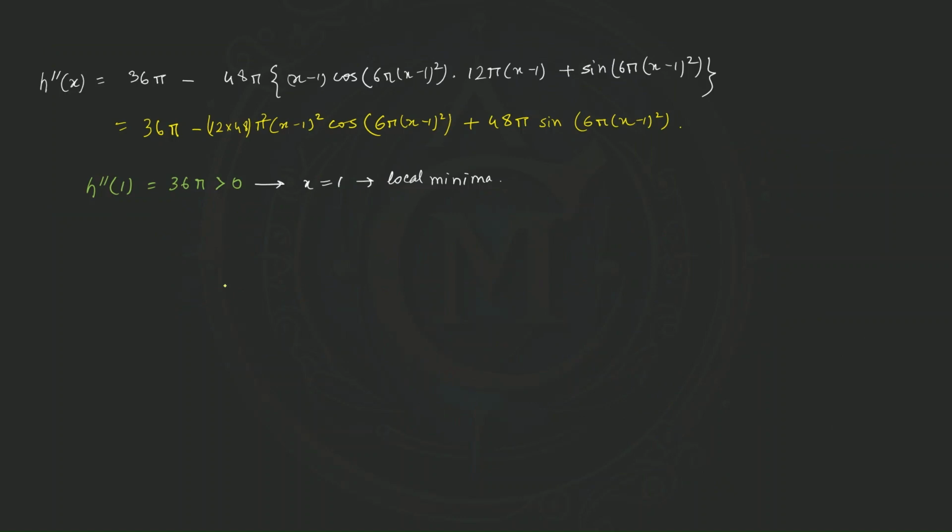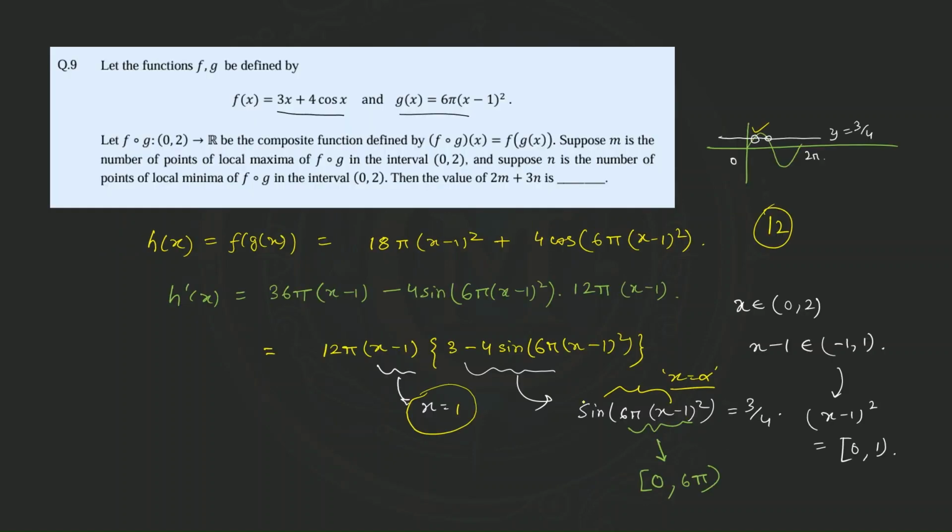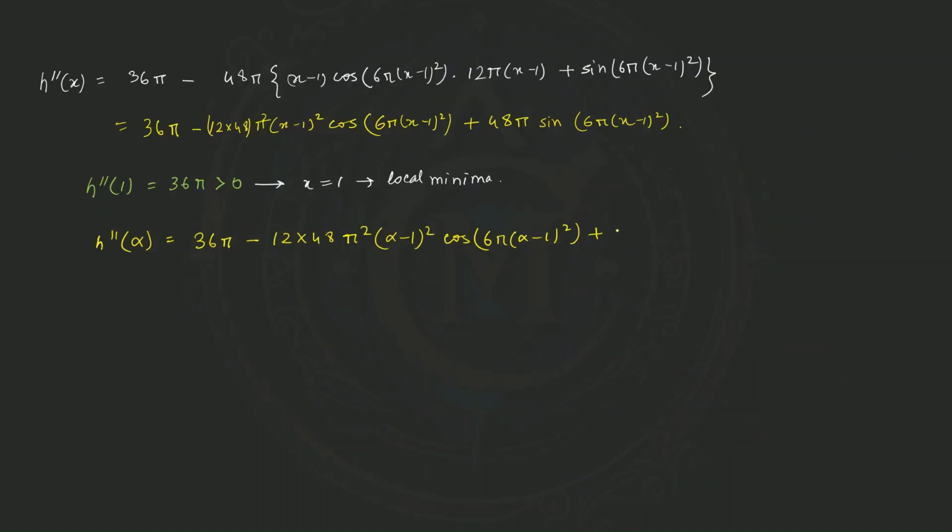So if we check here, we get h double dash alpha is 36 pi minus, this is as it is, pi square into (alpha minus 1) whole square cos of 6 pi into (alpha minus 1) whole square plus, now sine of 6 pi into (alpha minus 1) whole square we can write as 3 by 4, right? So 3 by 4 times 48 pi, this will be 1. So this we can further simplify.